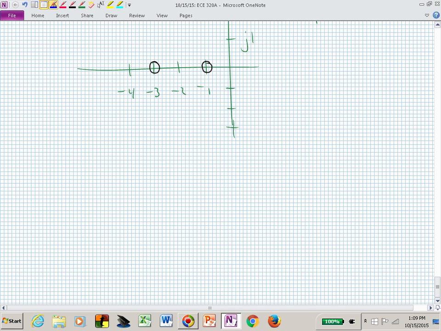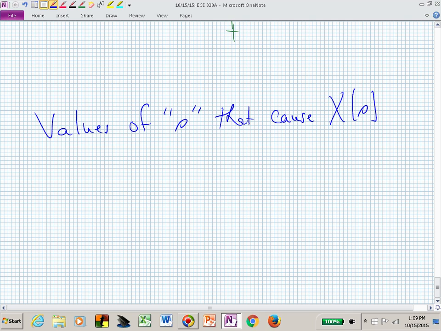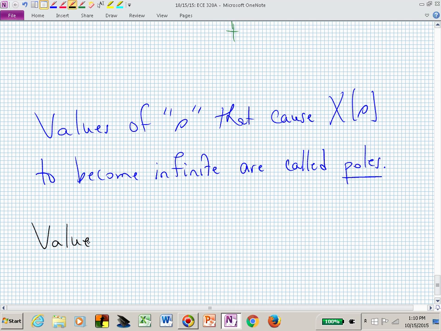So, now let's introduce the concept of poles that I've already talked about. The values of s that cause the transfer function, or the transform, capital X of s, to become infinite are called poles. Or we can say that another way. Now we can concentrate on the denominator polynomial.